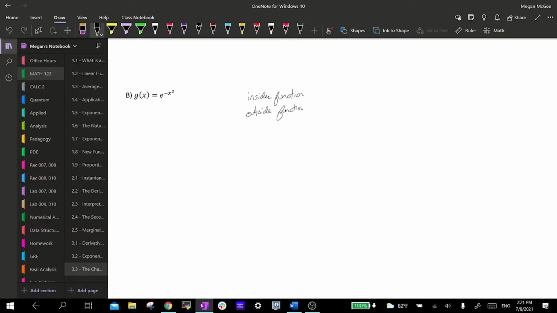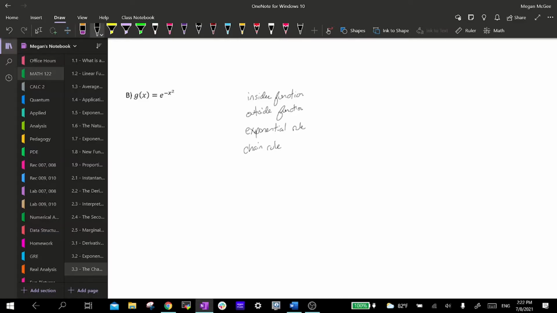Because we're going to need to use multiple rules here, right? We notice that we're definitely going to need an exponential rule. All right, and because this is in the section that talks about the chain rule, we should need the chain rule too.